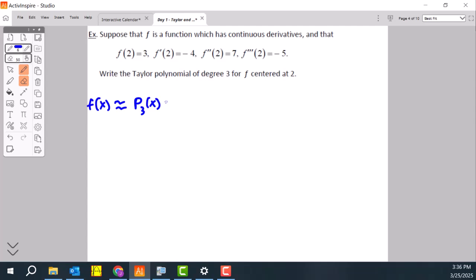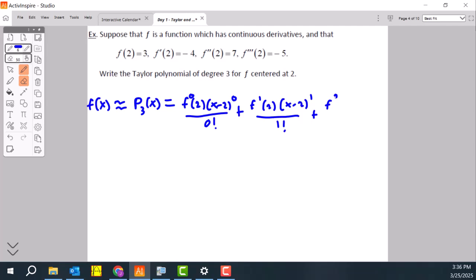I've also seen T as a naming structure, but we use P. So we have, technically, f of 2, the 0th derivative of it, x minus 2 to the 0 power over 0 factorial, plus the first derivative at 2, x minus 2 to the first power over 1 factorial, the second derivative at 2, x minus 2 to the second power over 2 factorial, and then the third derivative at 2, x minus 2 to the third power over 3 factorial.